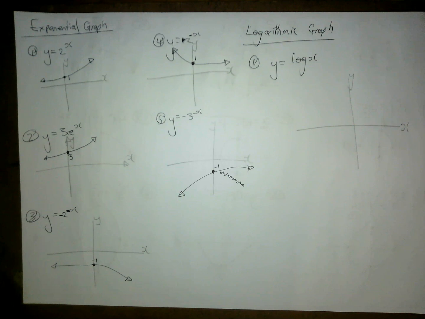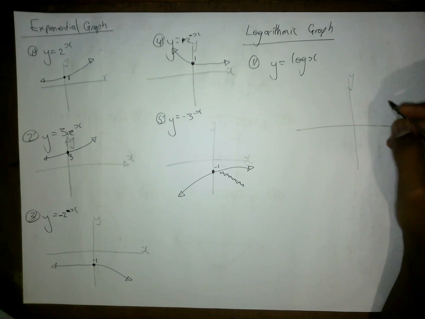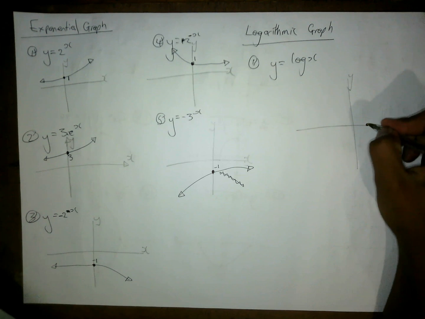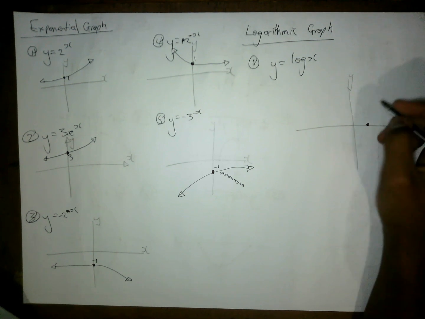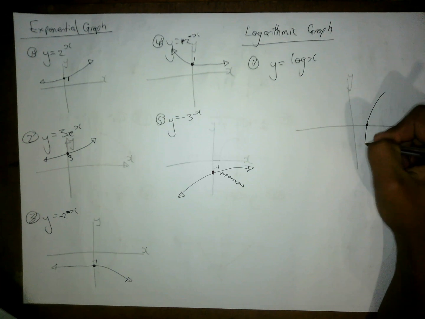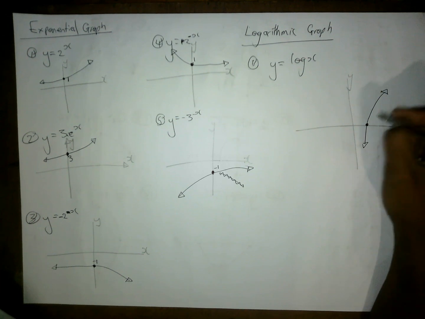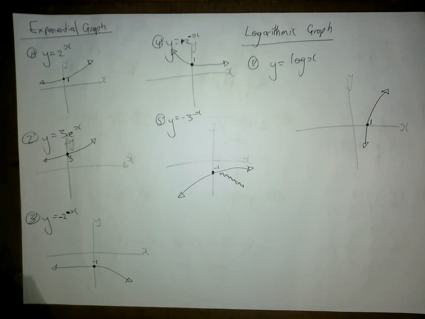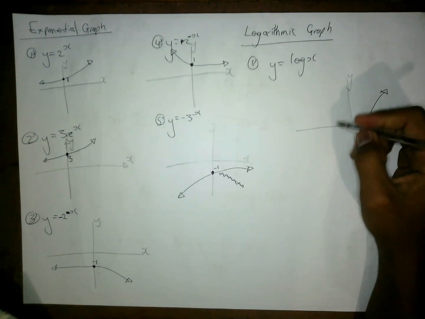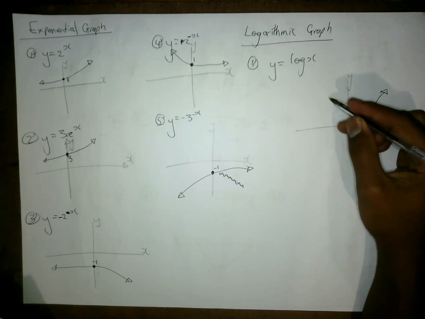For this log one, it's quite similar, but I will get more questions on this log one actually. For log graphs, we find 1 again. I don't know why they love 1. They love the number 1. But that's all it is. I think a negative log would be this way, would be that way.